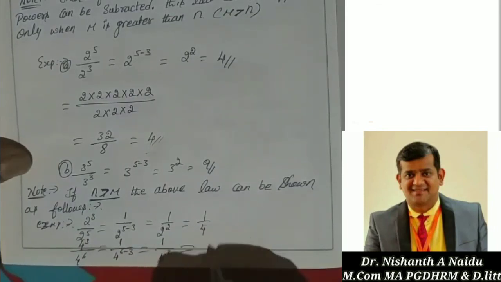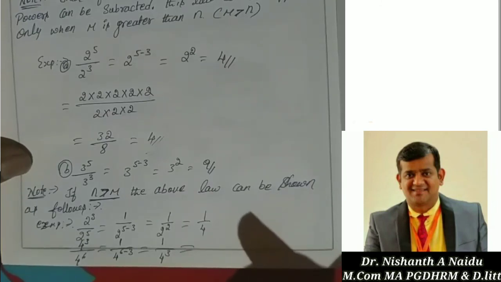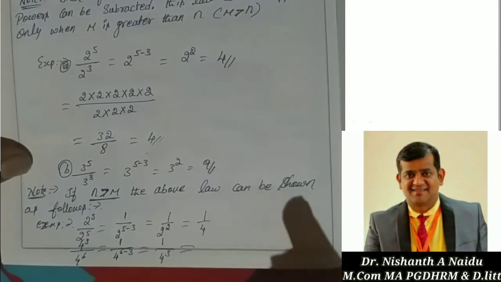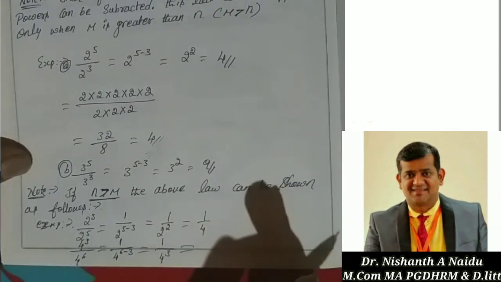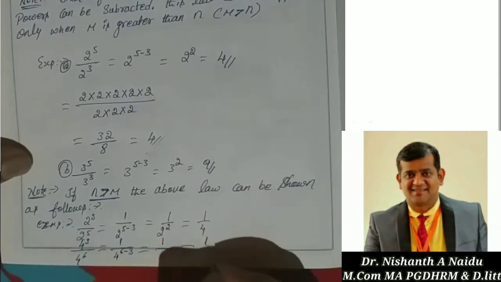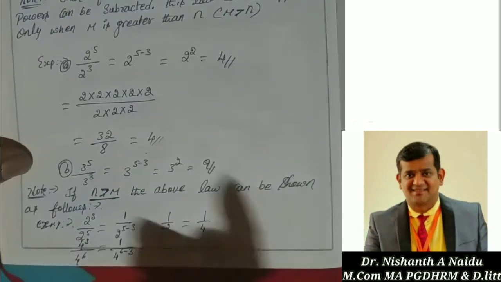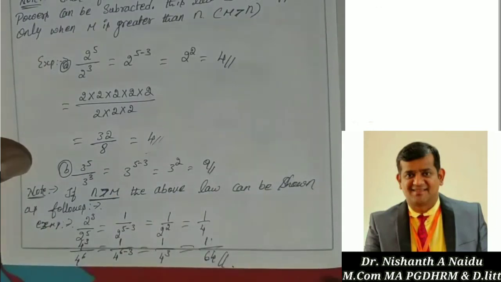So 4 to the power 3: 4 1s are 4, 4 2s are 8, and then 8 4s, so you are going to get 64. 1 divided by 64 is the answer. Multiply 4 4s are 16, 16 4s are 64. So that is going to be your answer.